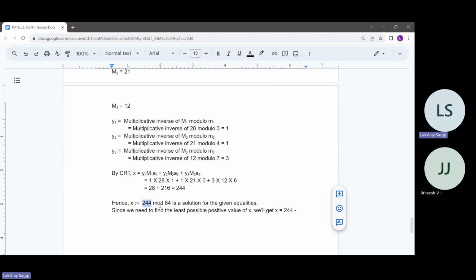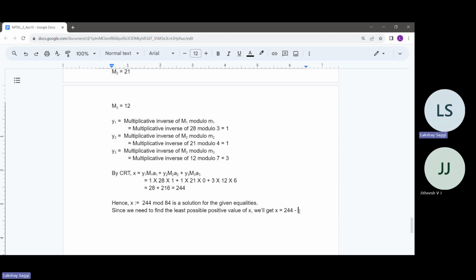From this 244, we can subtract any multiple of 84 and it will still be a solution. So we'll need to subtract 84 as many times until the value does not get negative. So we need 244 minus 84 times some number k to remain zero or positive.